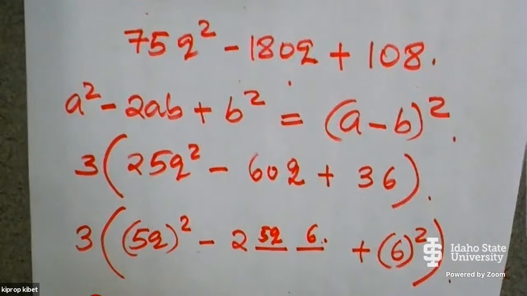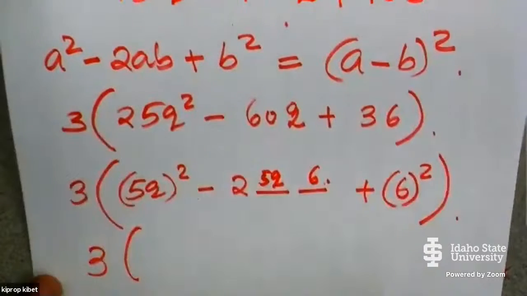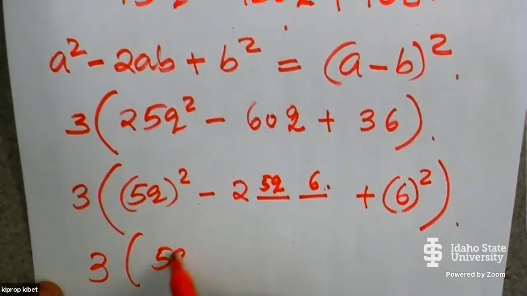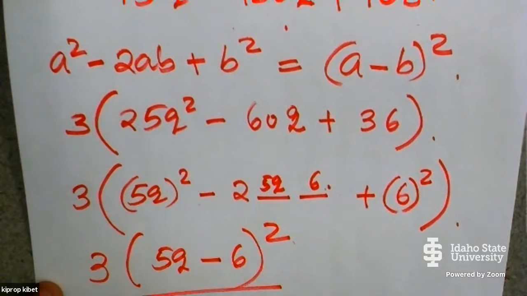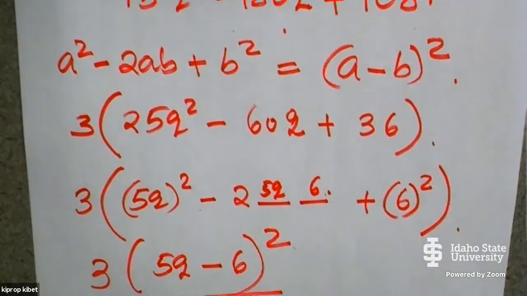So finally, it will be 3 times 5q minus 6, squared. Very simple, right? So long as you know which one is number 1 and which one is number 2. And if you cannot find the square root of these, like 75, 180, 108, you cannot find the square root of 75, so you need to see which one is common.